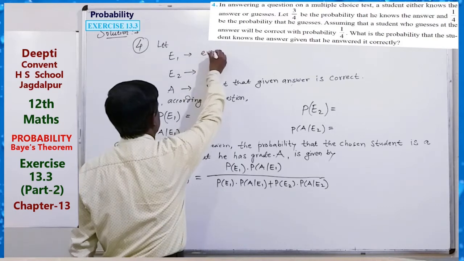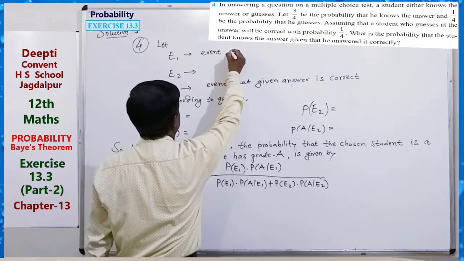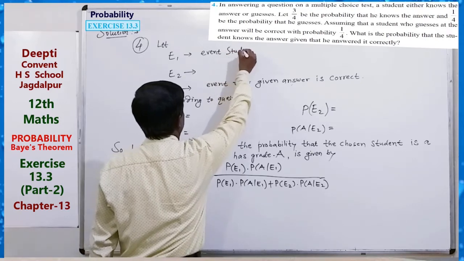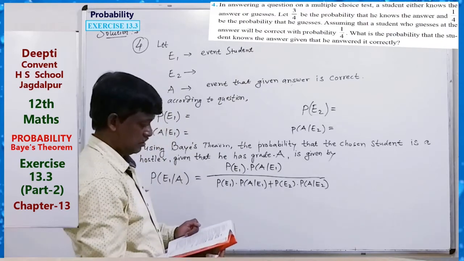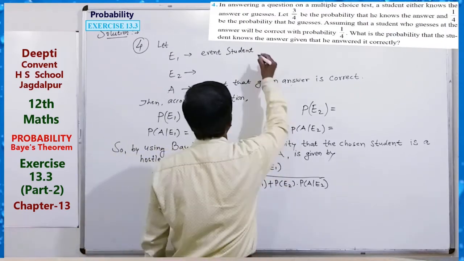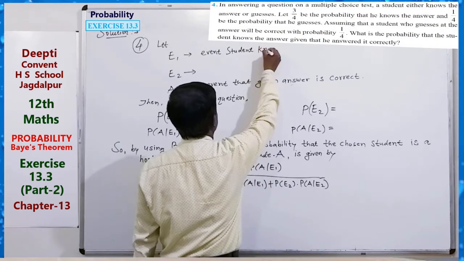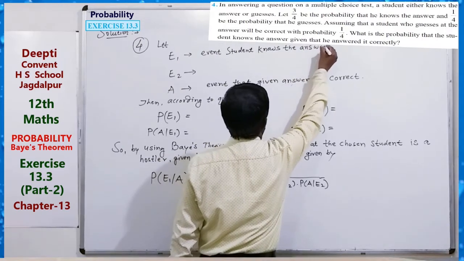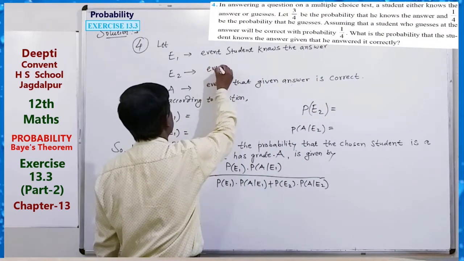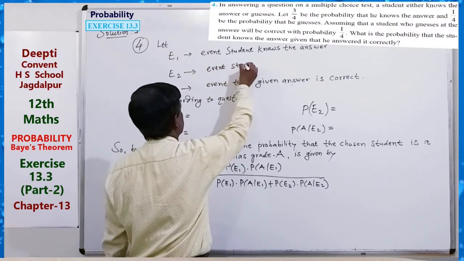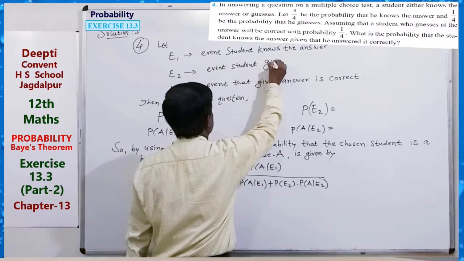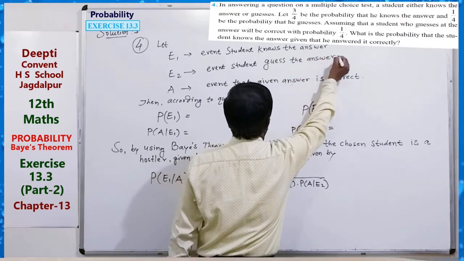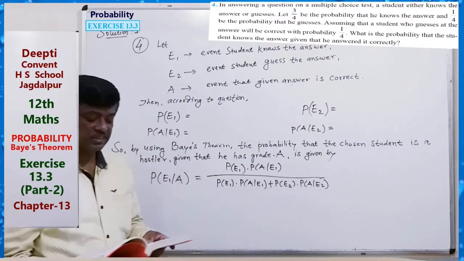Event E1: the student knows the answer. Event E2: the student guesses the answer.